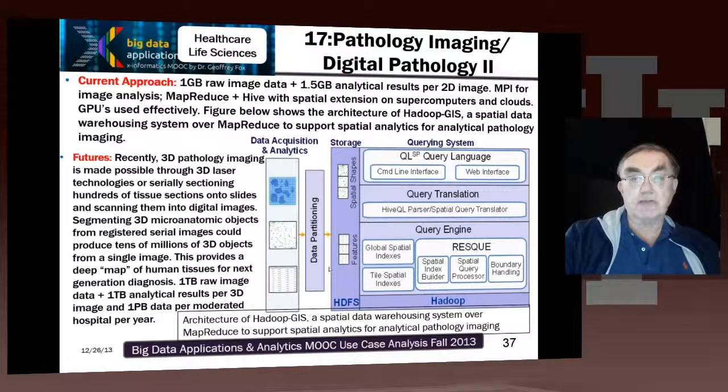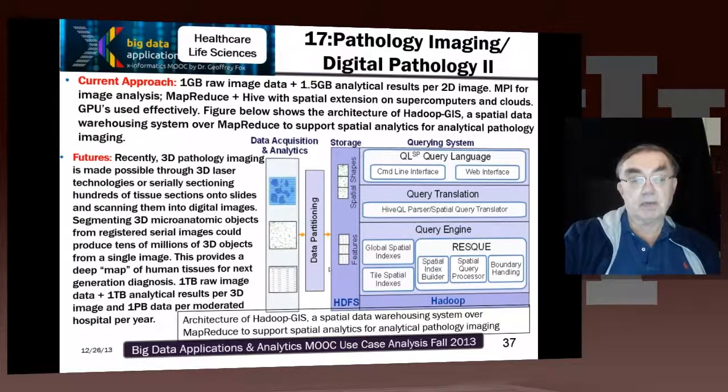This use case involves a MapReduce-like framework called Hadoop GIS, which allows one to build an image warehouse to support the analytics. These are called spatial analytics because images have spatial structure, and that supports pathology.